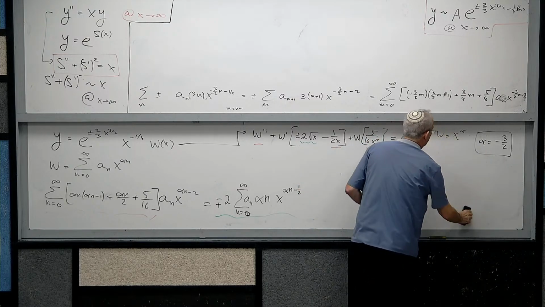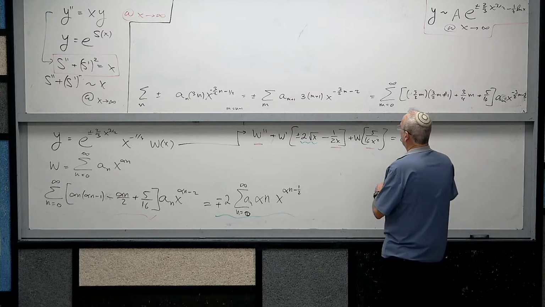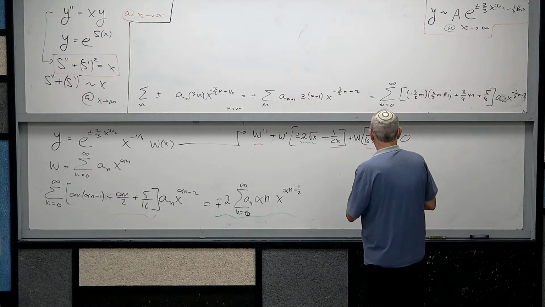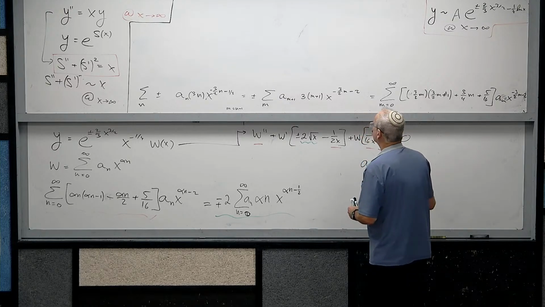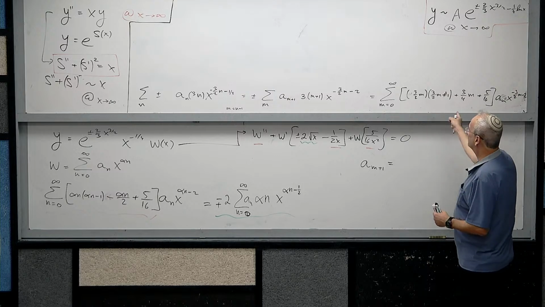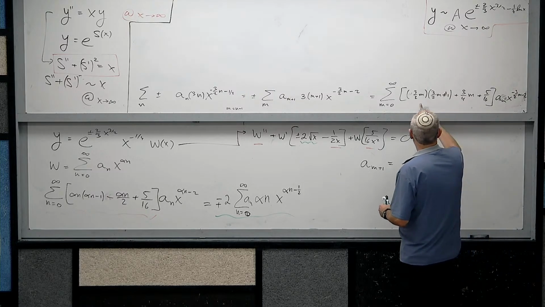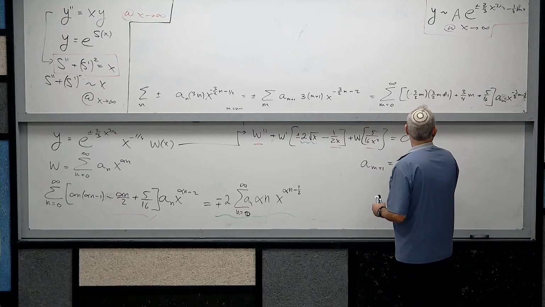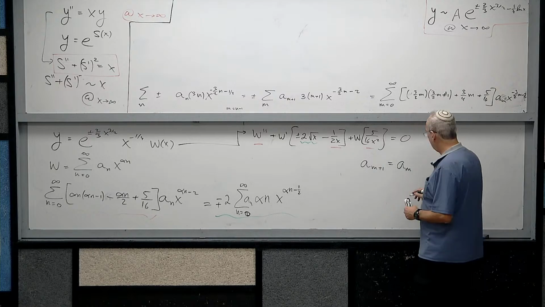Okay, and therefore I find out that am plus 1 is what? By just 3 over, right? 3 over 3m plus 1. I have here, this is am, right?